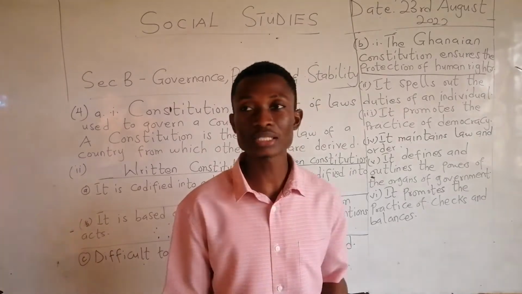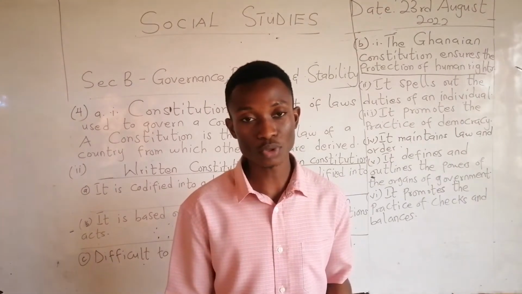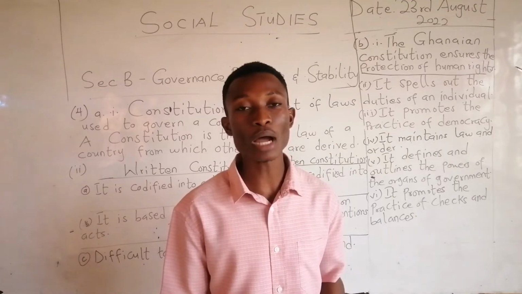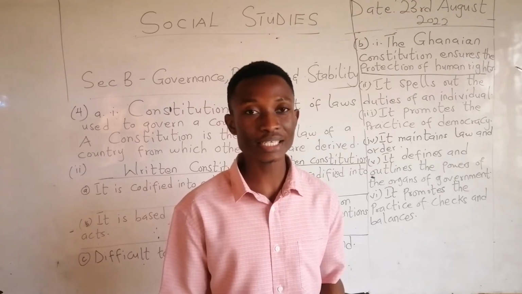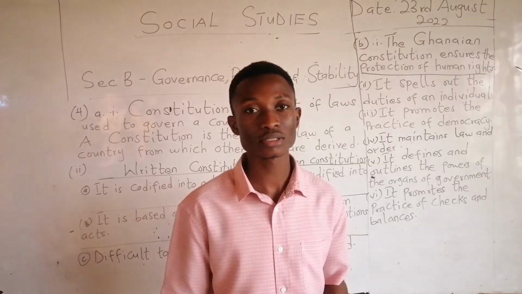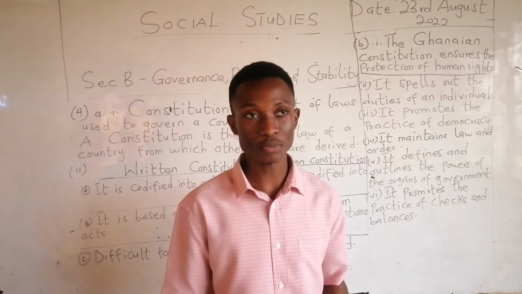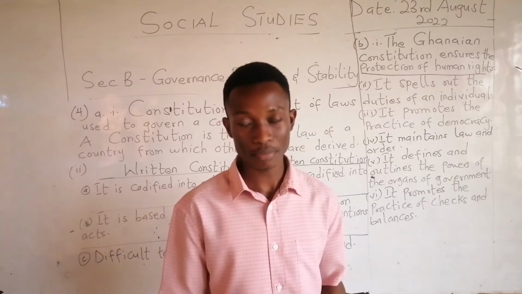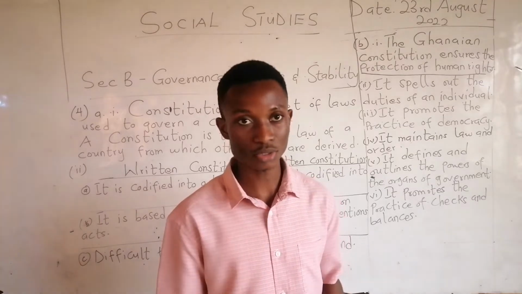Fundamental human rights such as right to life, right to fair trial, right to own properties, and the others are protected from abuse due to the existence of agencies such as CHRAJ and DOVVSU, which help to protect the human rights of the people. And this is a way by which the Ghanaian Constitution is important in the country.